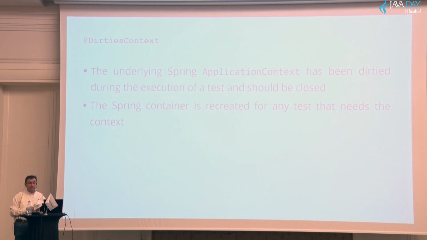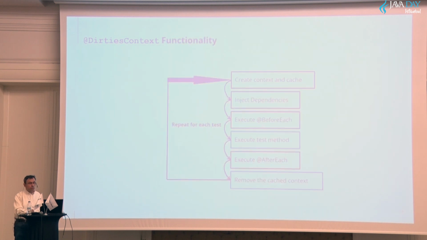We have the possibility, first possibility, to use this DirtiesContext annotation. It tells us that the underlying Spring application context has been dirtied during the execution of the test and should be closed and recreated for any test. If you would like to see exactly how it works, we repeat here for each test.